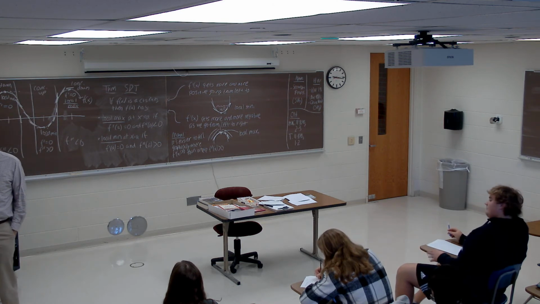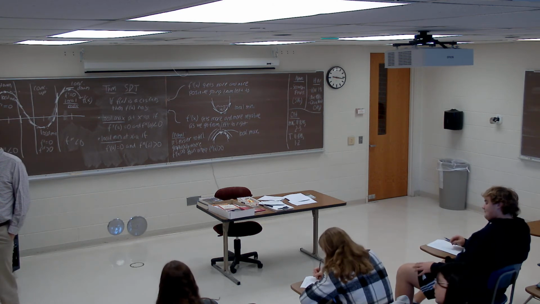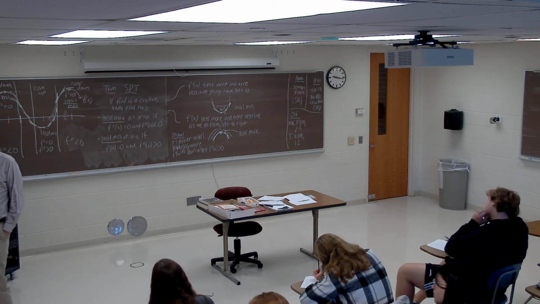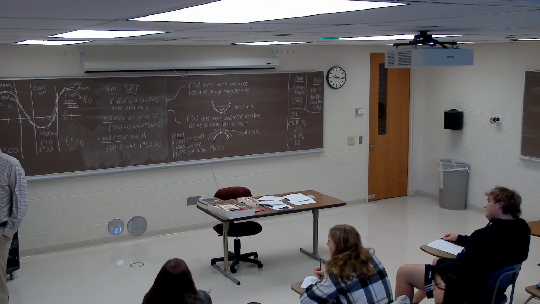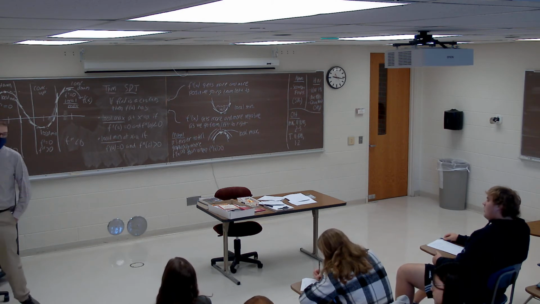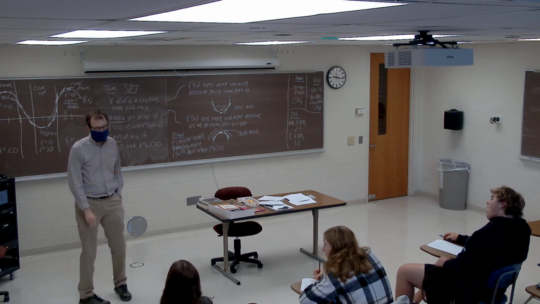So if we were to look at g prime of x, we would get 4x cubed. And g double prime of x is going to be 12x squared. We just applied the power rule a couple of times to this.